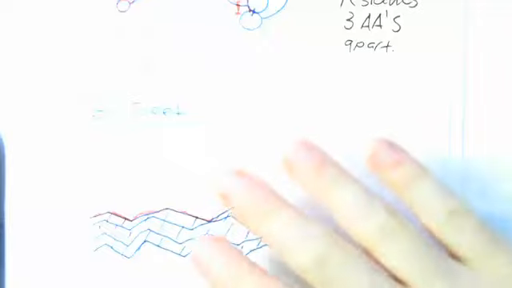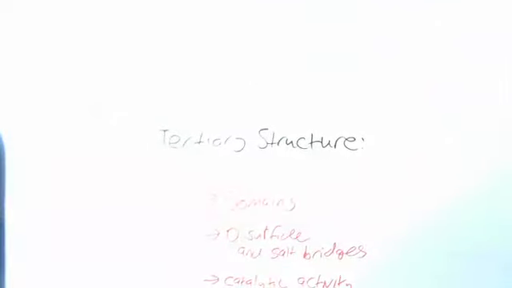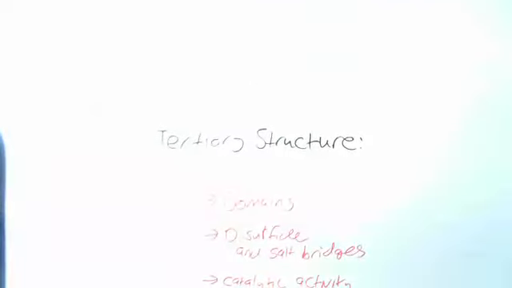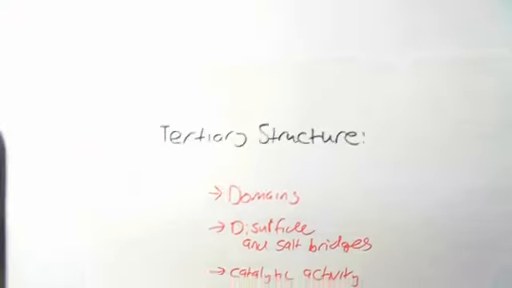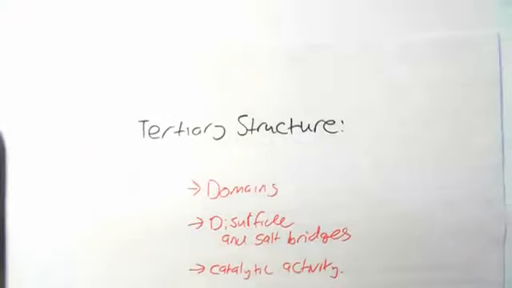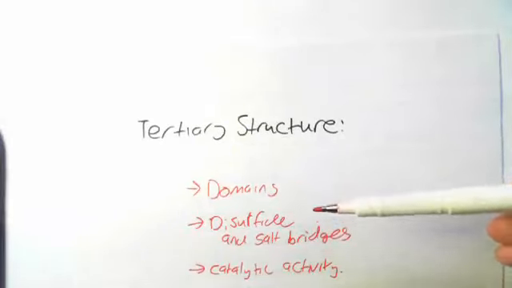So moving on from secondary structure, we have tertiary structure. Just going to adjust the brightness. Tertiary structure is extremely important because we're building up further into a three-dimensional functional protein, and it's important that we discuss things called domains.